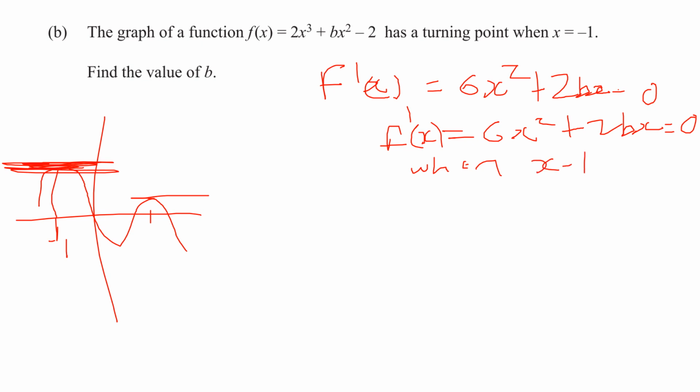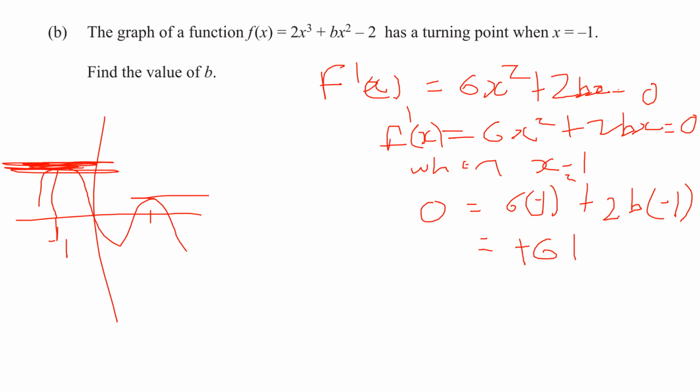So what we're saying is this is equal to 0. 6 times minus 1 squared plus 2b times minus 1. And then this becomes minus 6. Oh, sorry. So it remains plus 6, since minus 1 squared is 1.